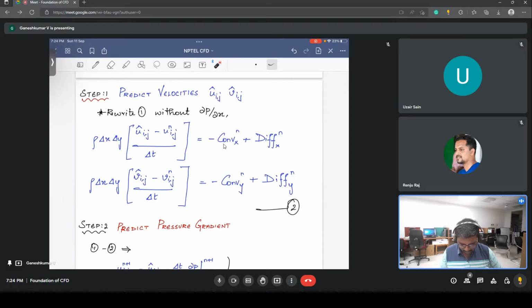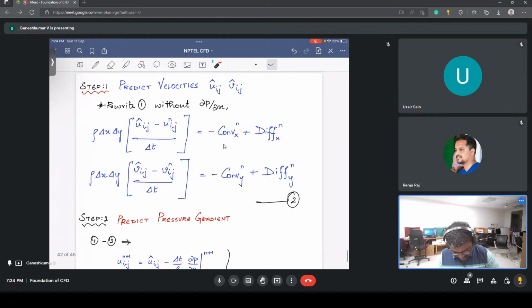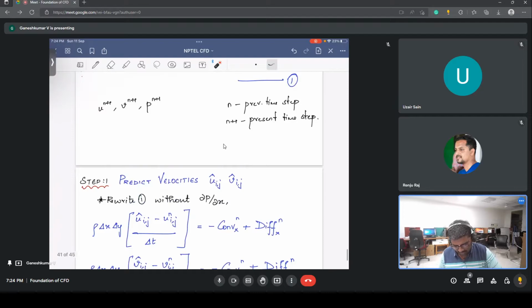Whatever we found till now is just a predicted velocity, just dropping the pressure gradient term, and it won't satisfy the continuity equation. But finally your corrected velocity, that u^(n+1), p^(n+1), everything should satisfy the continuity equation, because mass has to be conserved. Mass cannot suddenly jump into the flow.